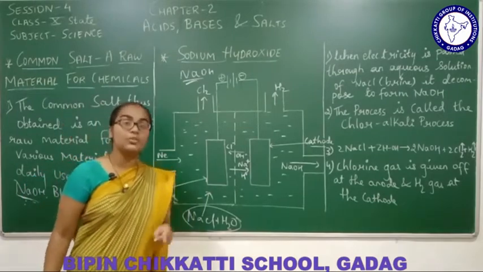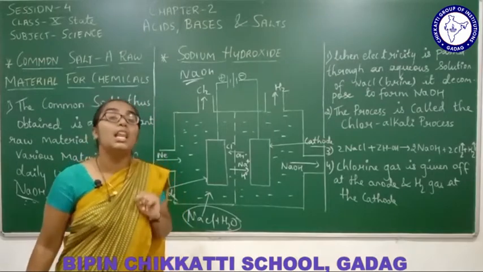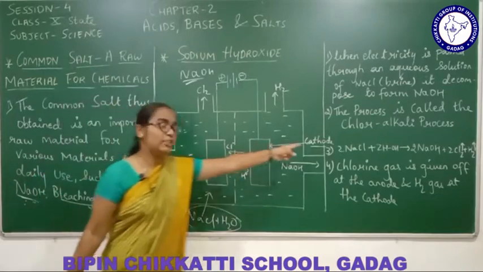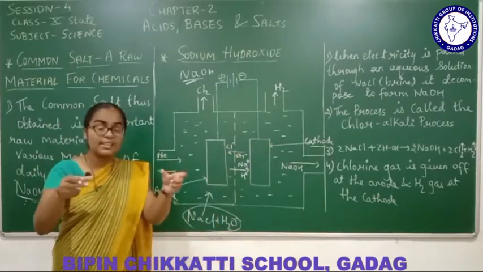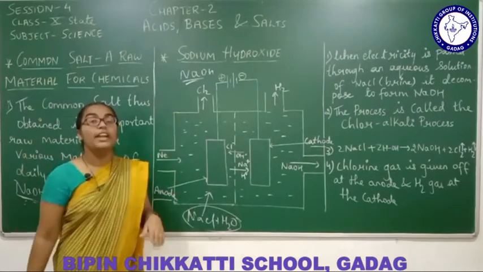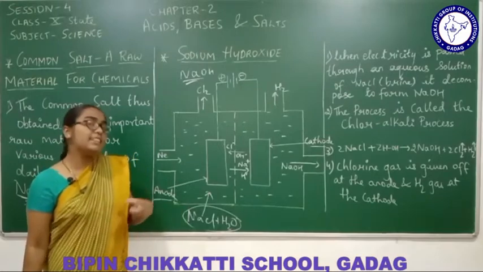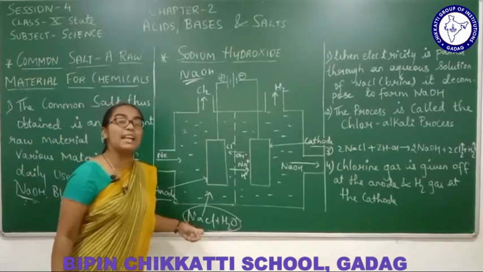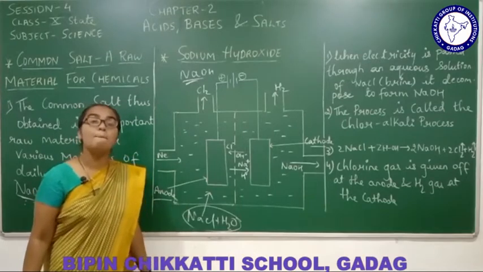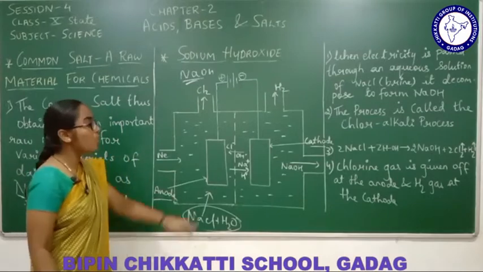In that cell, two rod-shaped or plate-shaped electrodes, anode and cathode, are dipped into a solution called the electrolyte, and that electrolyte is NaCl solution. NaCl solution is also called brine, B-R-I-N-E. Okay, that was the setup.